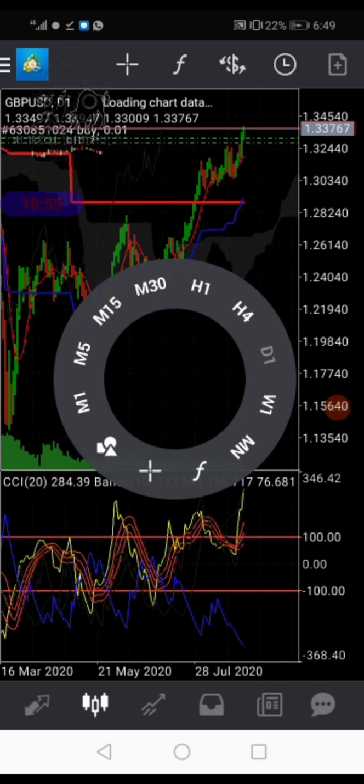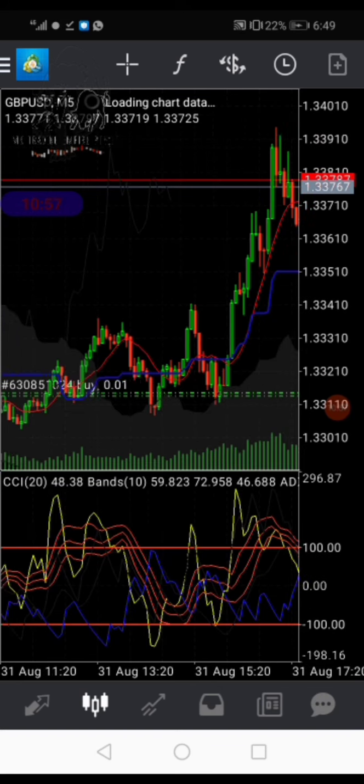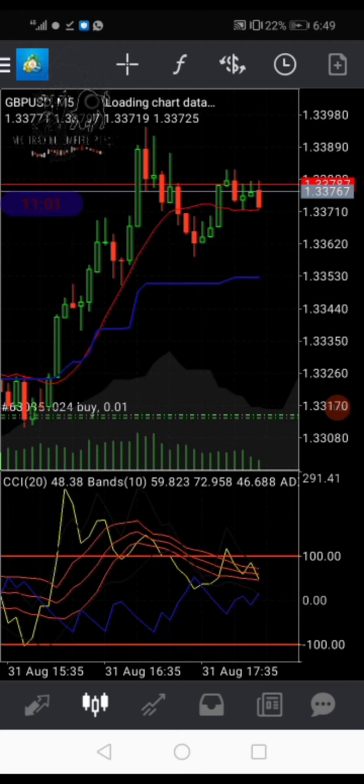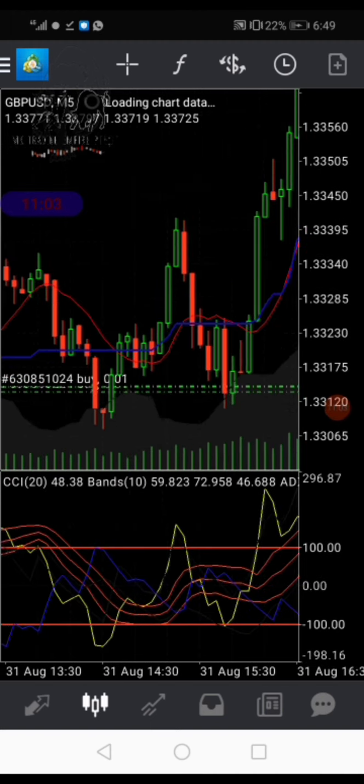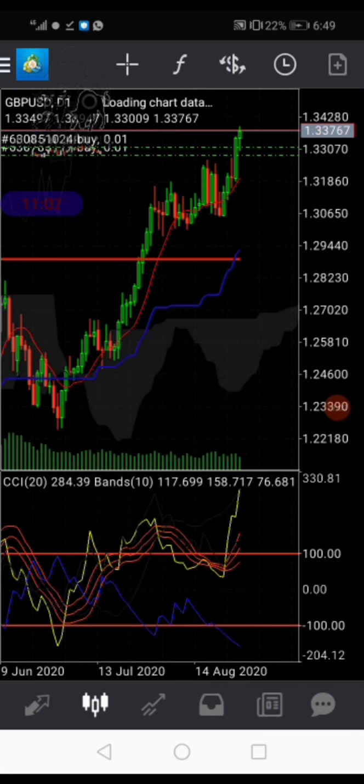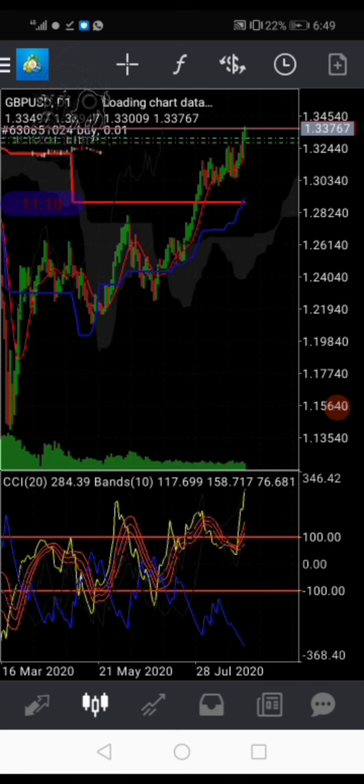Unlike on 5 minutes, where you can see so many people are buying, so many people are selling. But that's a topic for another day, right? It's okay, guys, to trade daily charts.